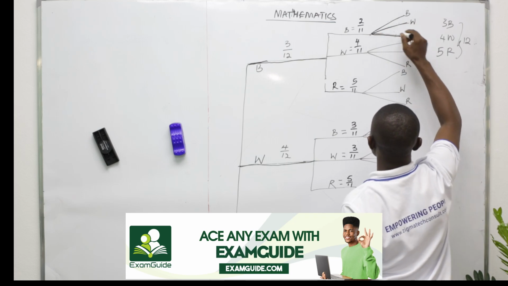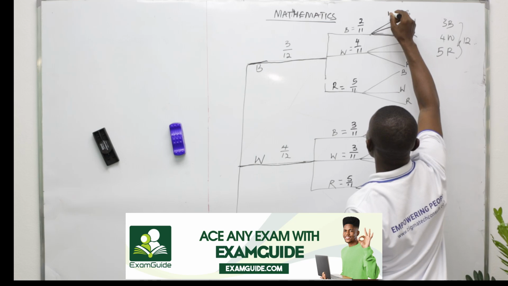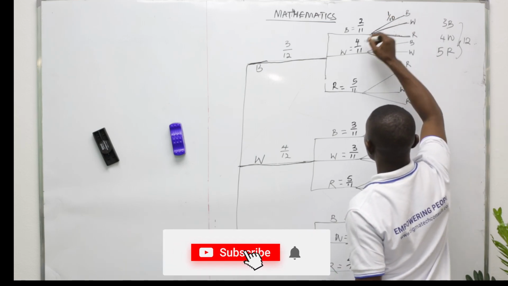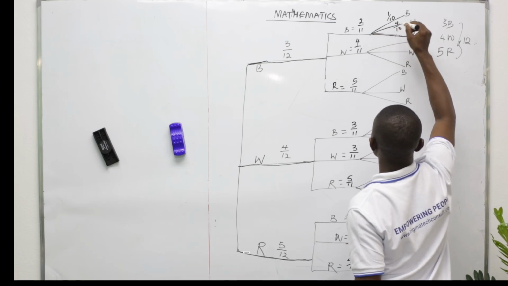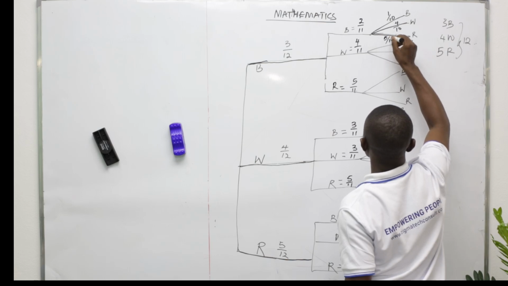Still, the owner here is black. So the numerator will be affected, the denominator will be affected. But for the white, only the denominator. Red, only the denominator.